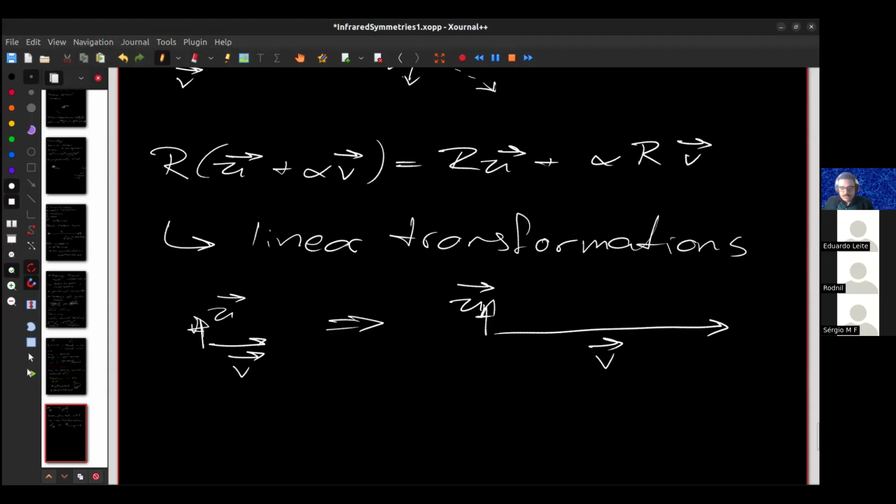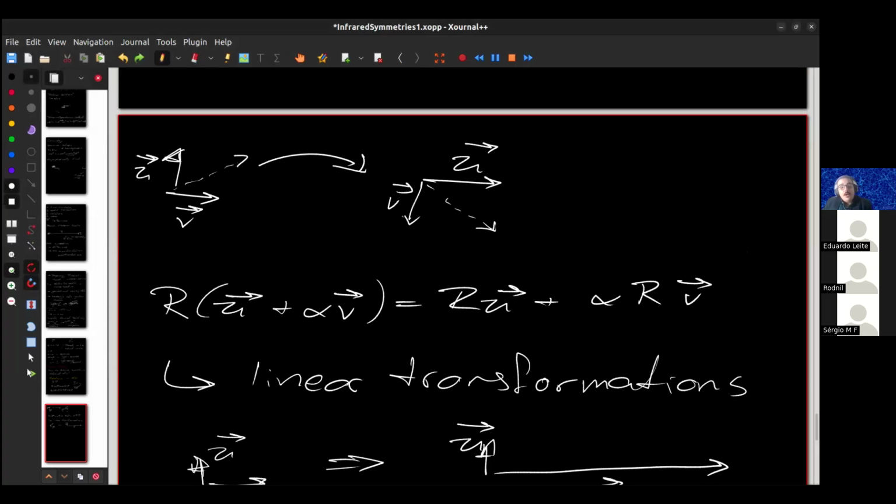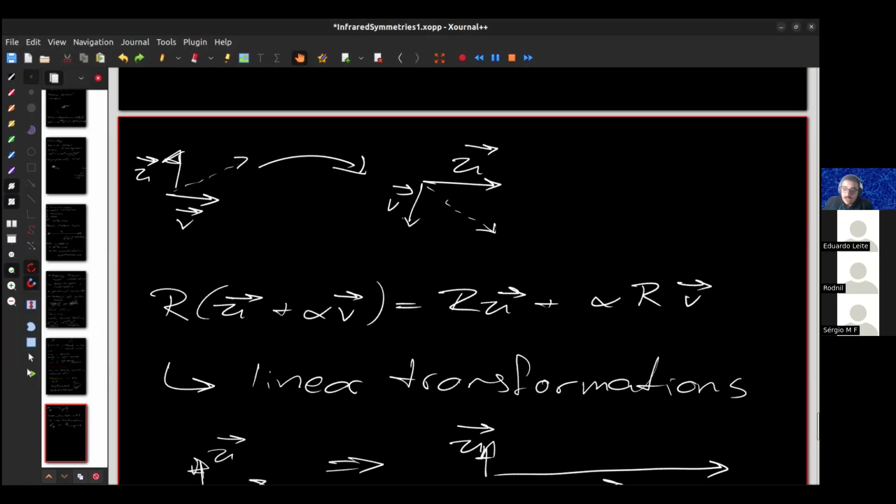And we're going to do this by imposing that rotations actually need to preserve something. There are two things they need to preserve, and they are illustrated by this drawing, for example. We see that they preserve angles and they preserve lengths.